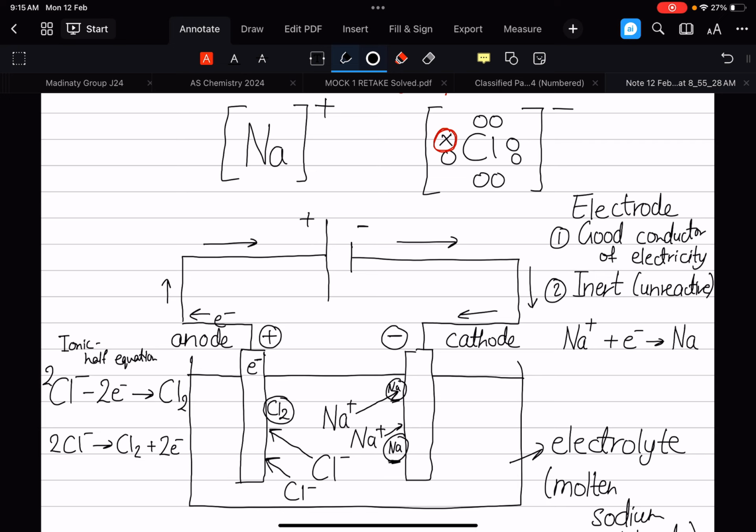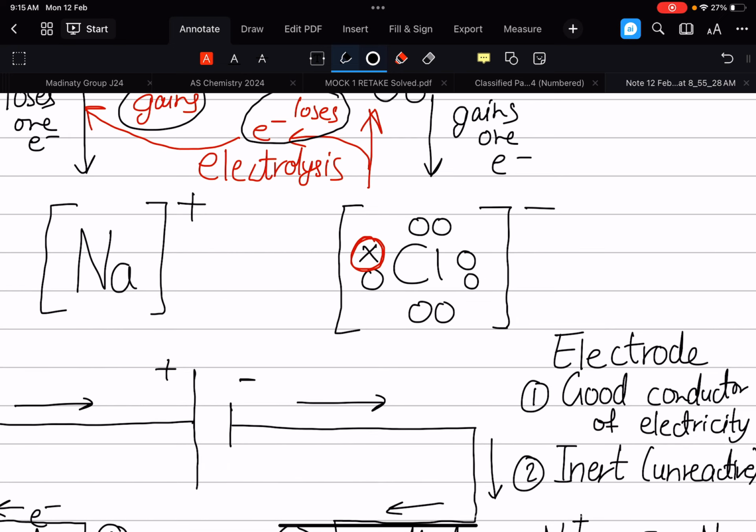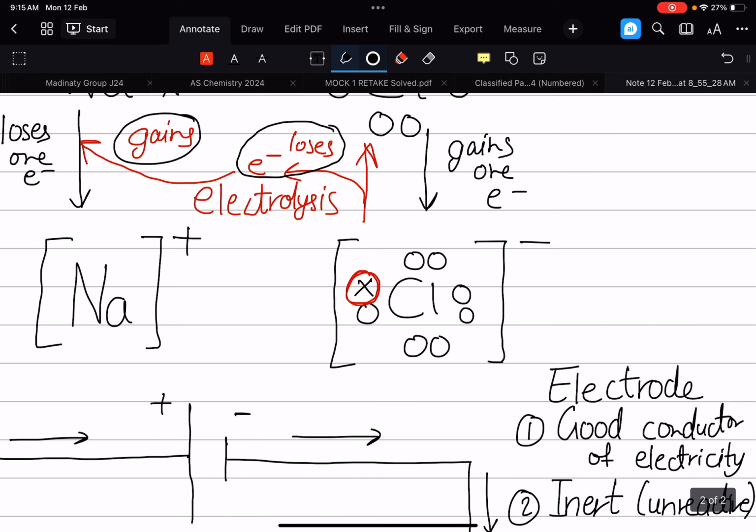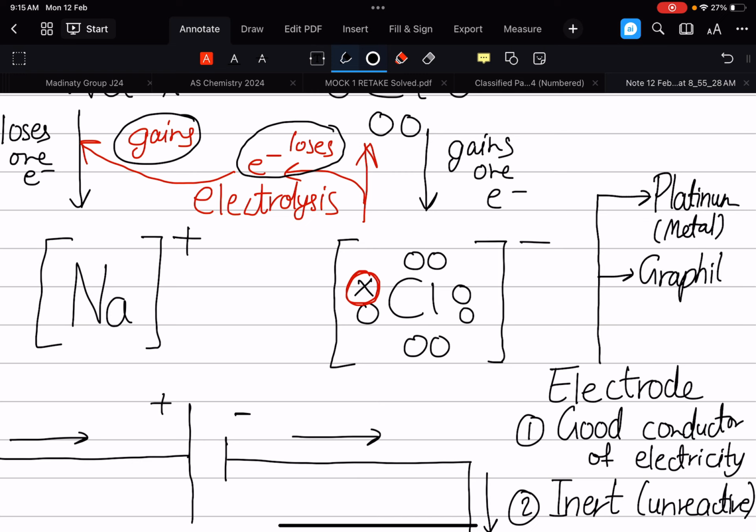So the electrode should be inert, plus it should be a good conductor of electricity. We have one metal and one non-metal used for electrodes. The metal is platinum. And we have graphite, which is the non-metal, also used as an electrode because it has the properties we just mentioned.